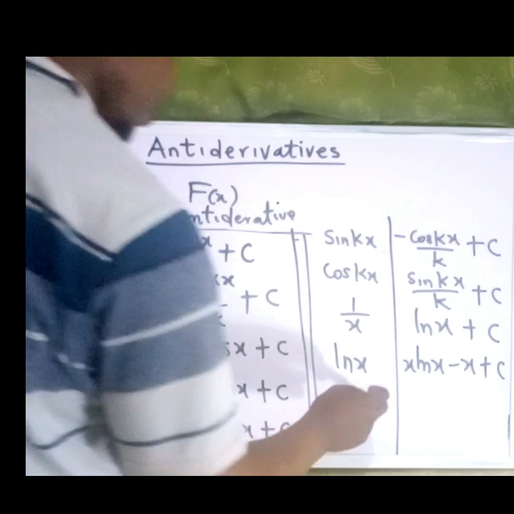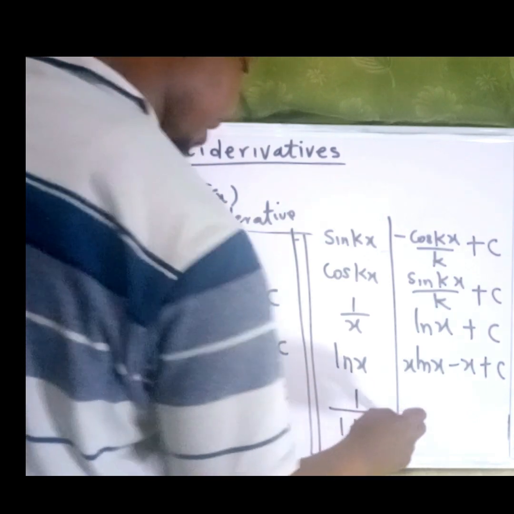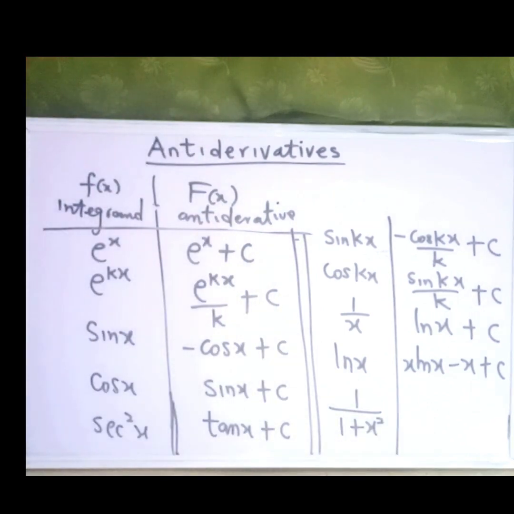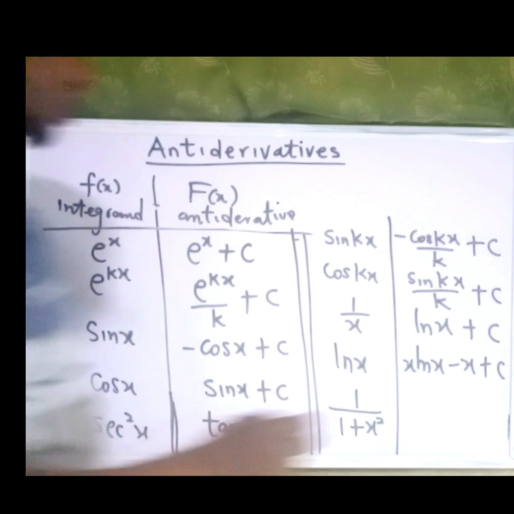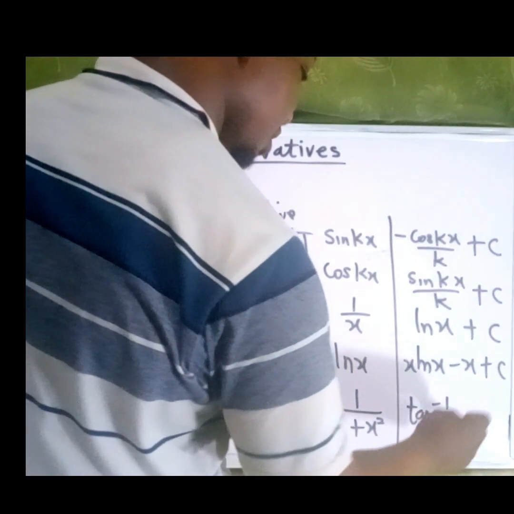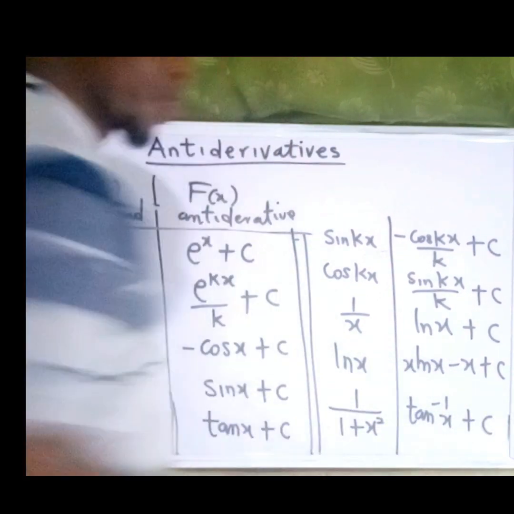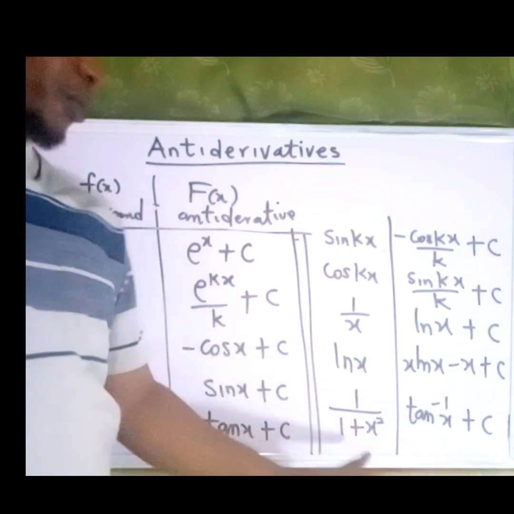Okay, so let's see other forms that we have. Let's go to the inverse function, 1 over 1 plus x squared. You recall that the antiderivative of this is this. So when you take the derivative of this, it is what we have.